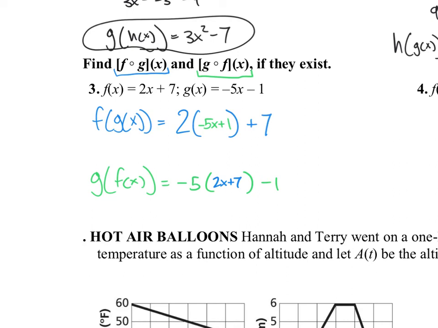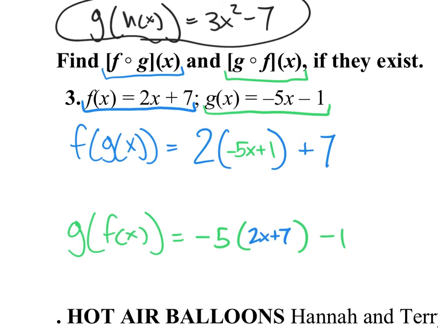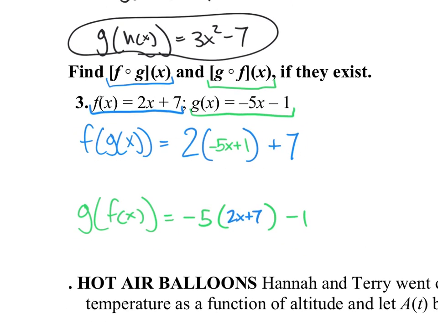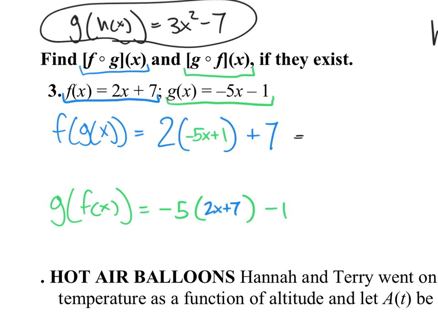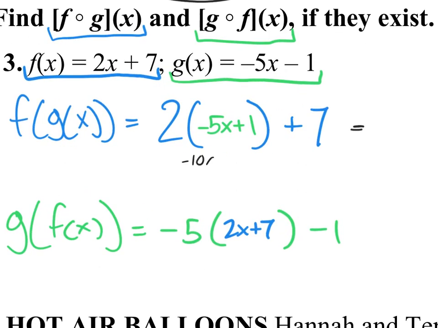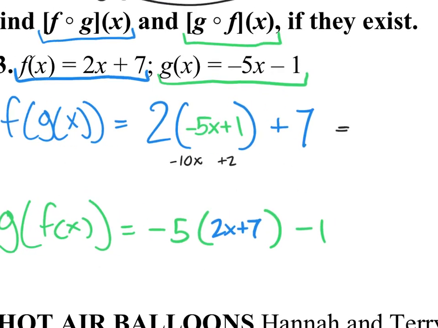Here are the initial setups. And I went ahead and color coded them. F in blue, G in green. So you can see for the first one, I took turkey F, opened up the X, and inside it stuffed the G in green. For the bottom one, we had turkey G. Inside the turkey was stuffing F. So I wrapped the stuffing F in for the X. And then you could simplify both of these, so this one would end up being negative 10x plus 2.